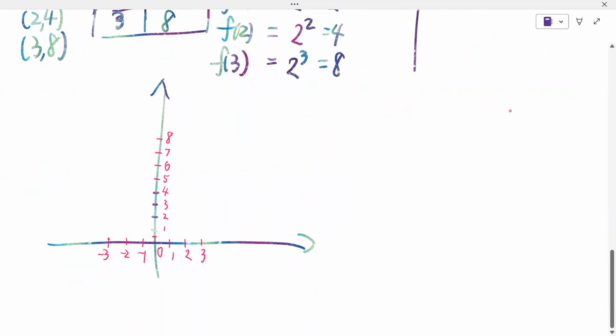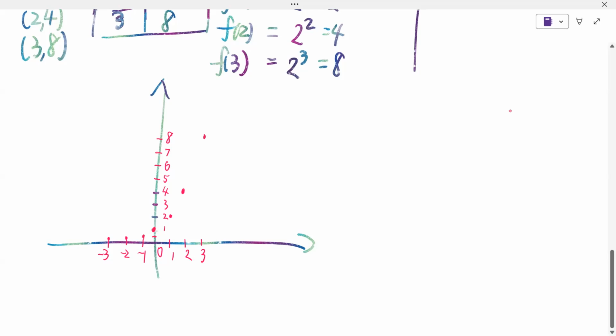It's 0.125. So it's very, very close to 0. So -2, a quarter, slightly above it, and then -1, that's half, and 0, 1, and 1, 2, 2, 4, and 3, 8.